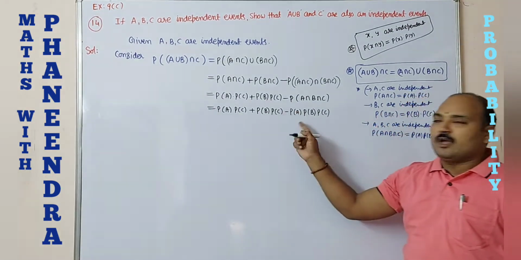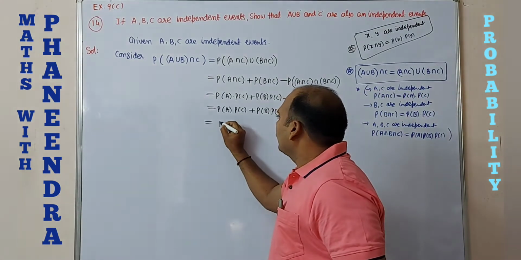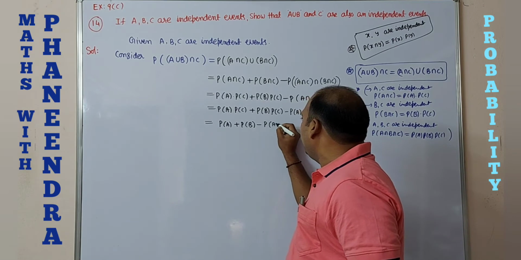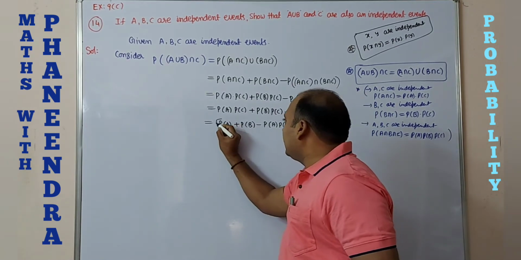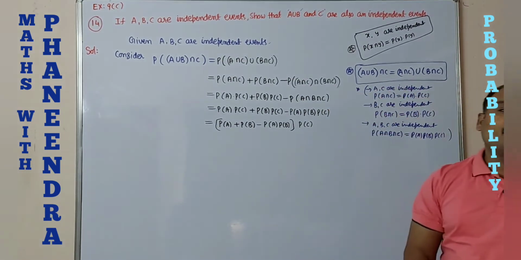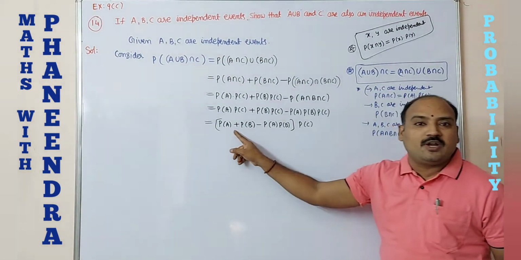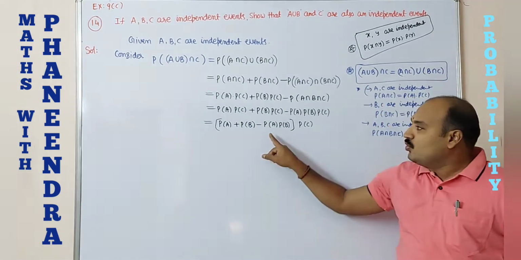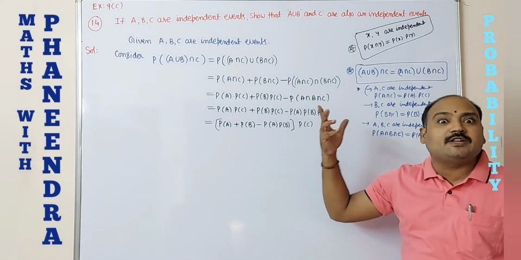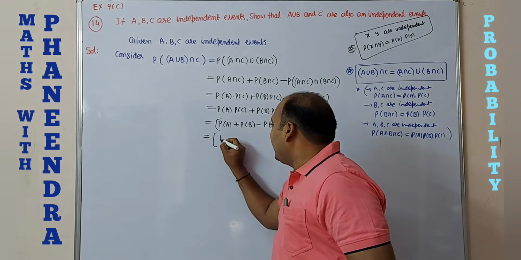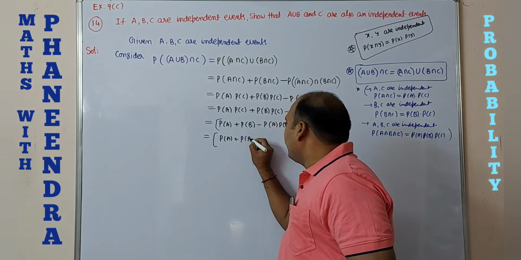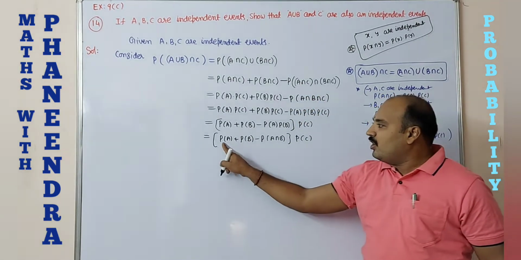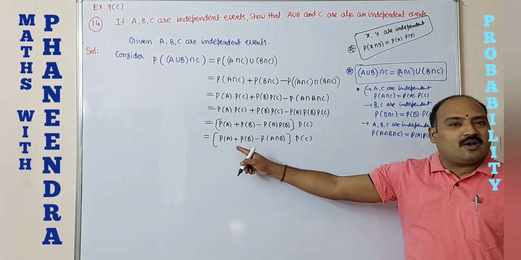In every term P of C is common, so you take it out: P of A plus P of B minus P of A into P of B. From these three terms, we are taking common P of C. Again, from addition theorem on probability for the two events, P of A plus P of B minus P of A into P of B, we can write it as P of A intersection B. So now, P of A plus P of B minus P of A intersection B, into P of C. P of A plus P of B minus P of A intersection B is P of A union B only, no?